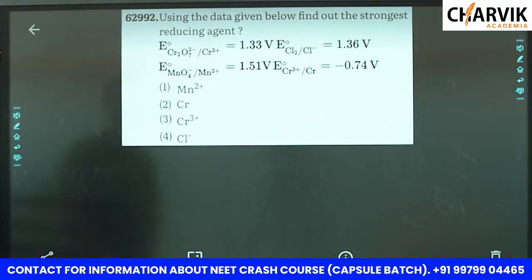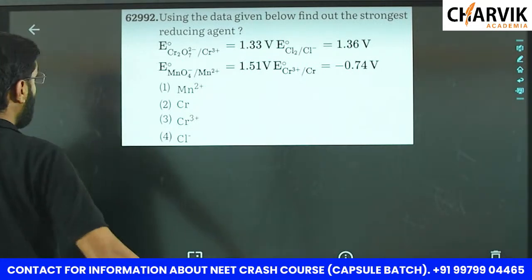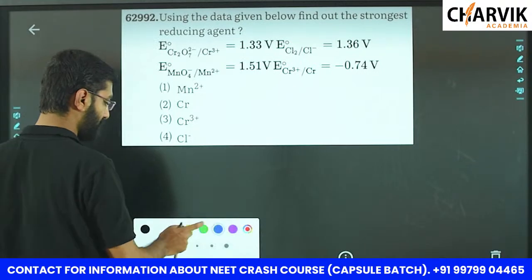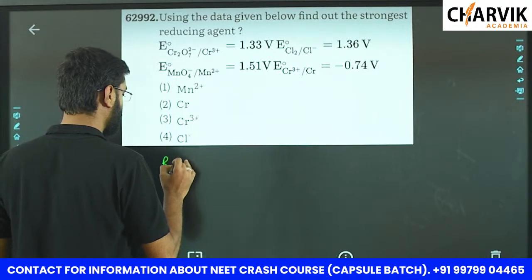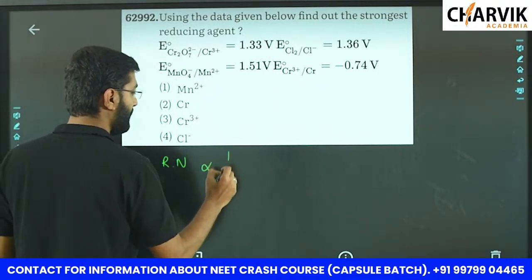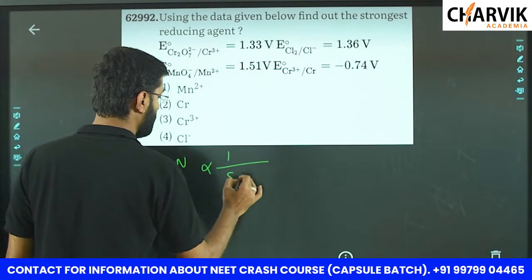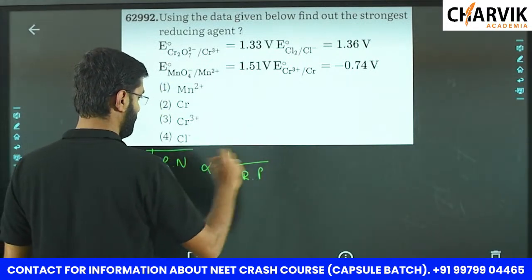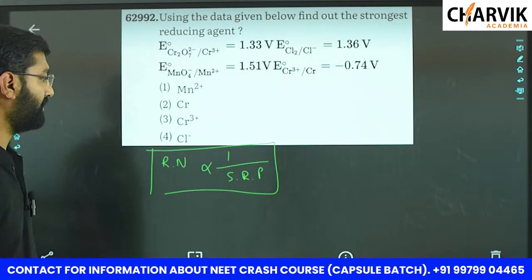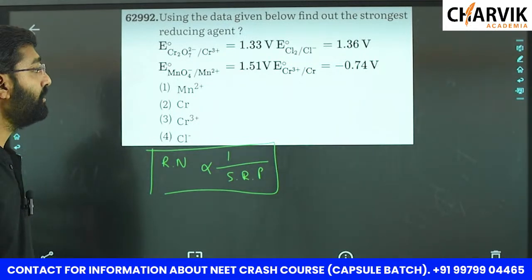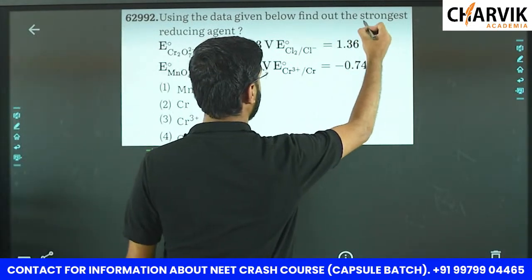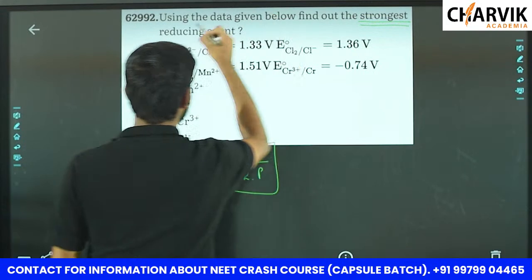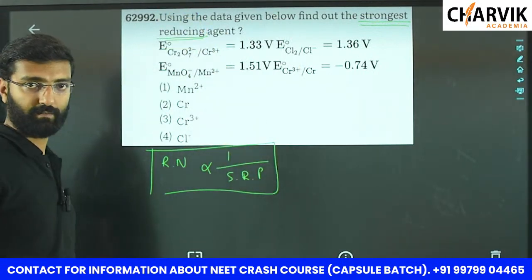Using the data given below, find out the strongest reducing agent. So simple relation: reducing nature is inversely proportional to standard reduction potential. According to your question, we are asked for the strongest reducing agent.